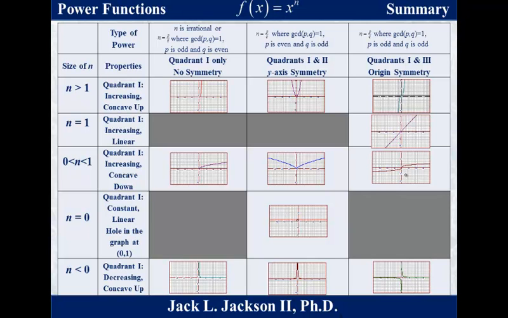And if n is less than 0, we're talking about one that has vertical and horizontal asymptotes of the x and y axis. In the first quadrant, it's decreasing but concave up. Now, if it's an irrational power or a power that's a fraction with an even denominator, then it's quadrant 1 only.